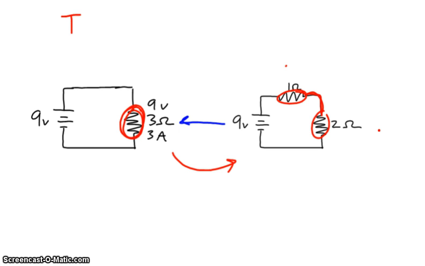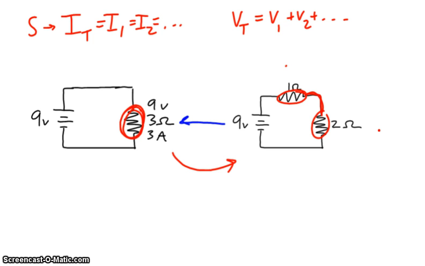I know that the current in total in a series is the same as the current at one component and the same as the current at the second component, and so on. And I know that for voltage, the voltage total of a series is equal to the voltage 1 plus the voltage 2 plus and so on.